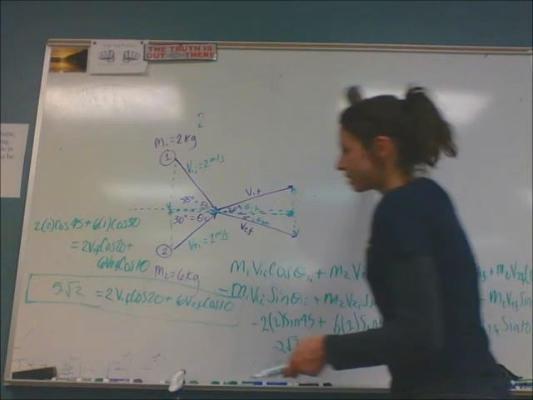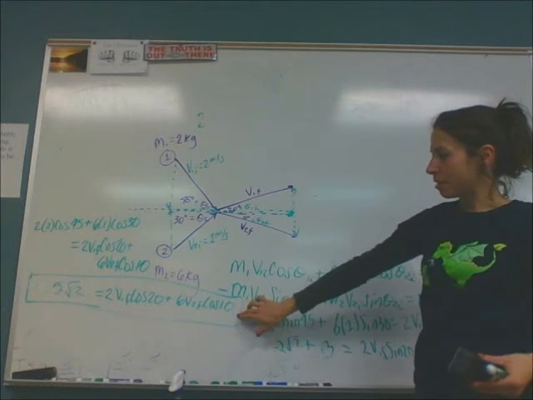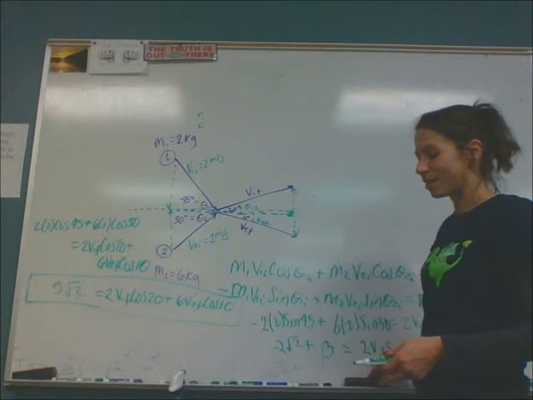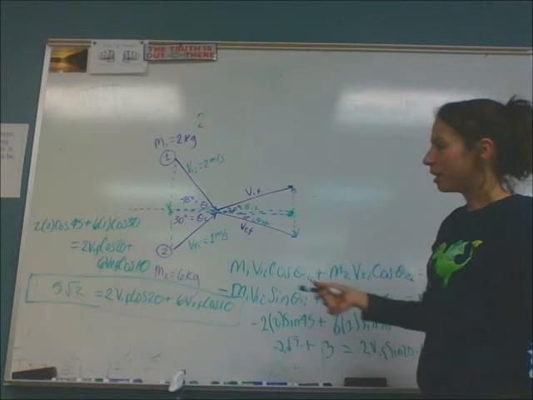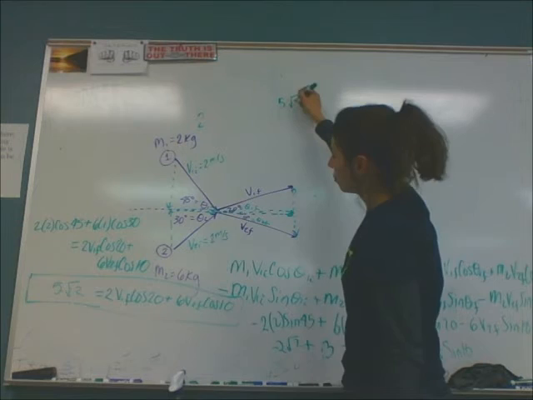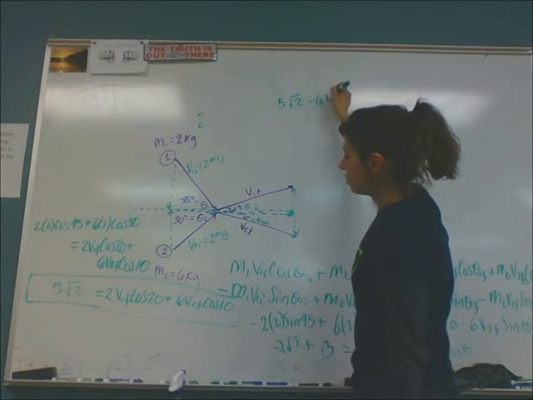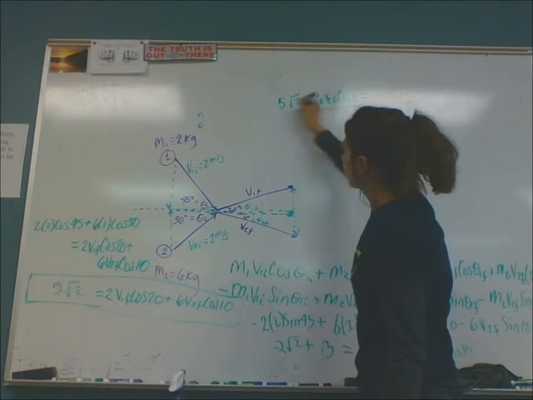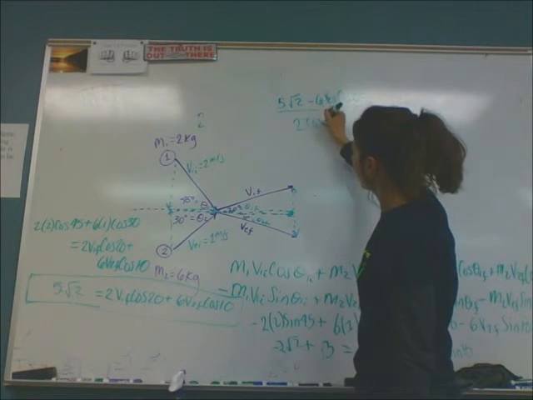And let's solve, for example, let's solve this one for, okay, there's not any really nice, easy way to do it. But if I solve this for v1f, I get 5 square root of 2 minus 6 v2f cosine 10, divided by 2 cosine 20 equals v1f.